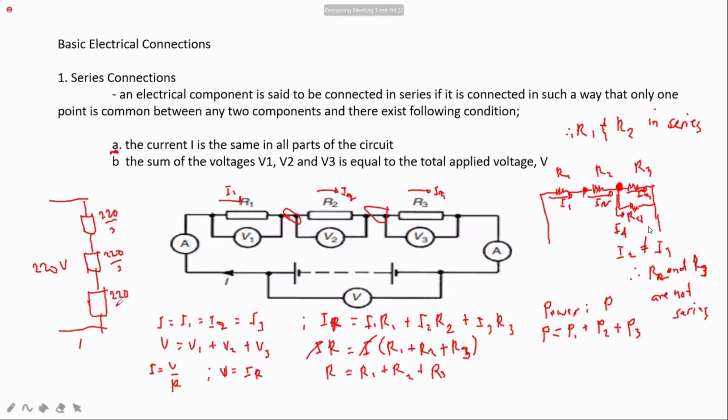For the lamp to operate, it must receive 220 volts. Therefore, it cannot operate because it only receives a third of the supply voltage. Therefore, they must not be connected in series, otherwise they will not get the required voltage to operate.